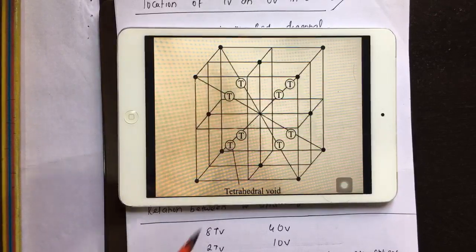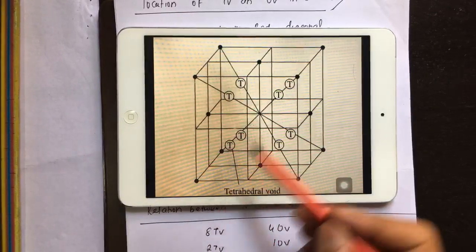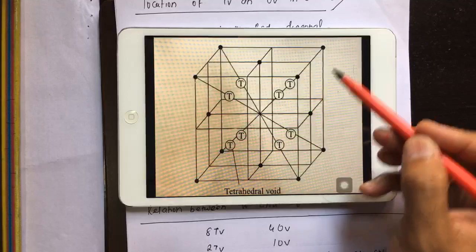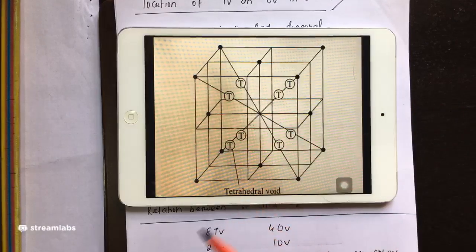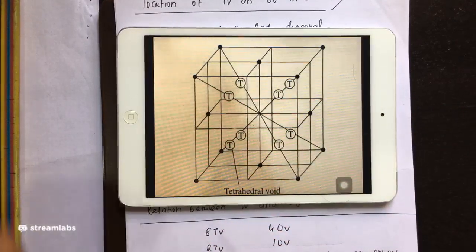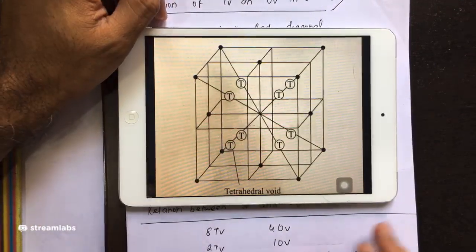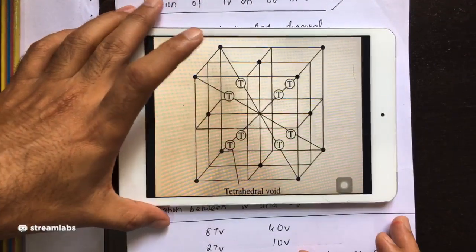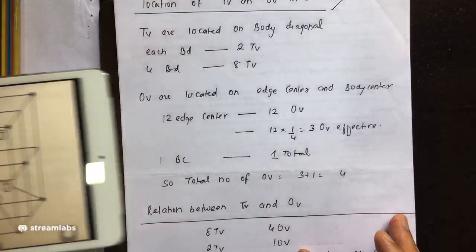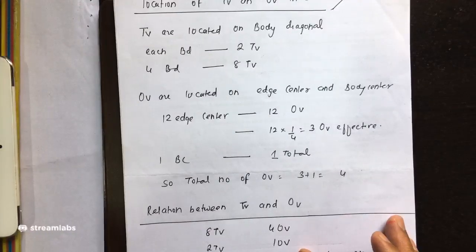But in actual, it is not like that. So there are 4 tetrahedral voids in this particular, because there are 2 body diagonals. So we have 8 tetrahedral voids, located in the body diagonal in a cube, and each body diagonal has 2 tetrahedral voids.